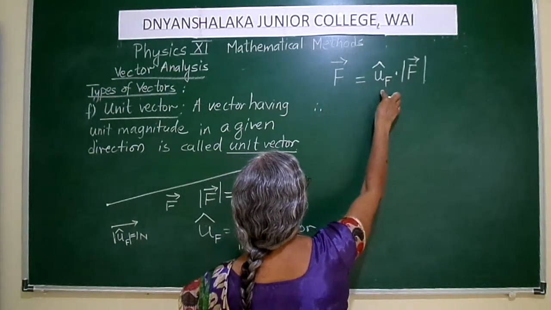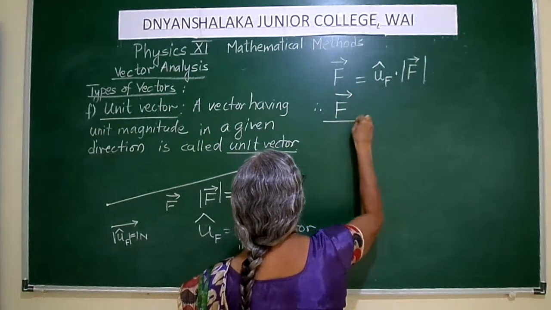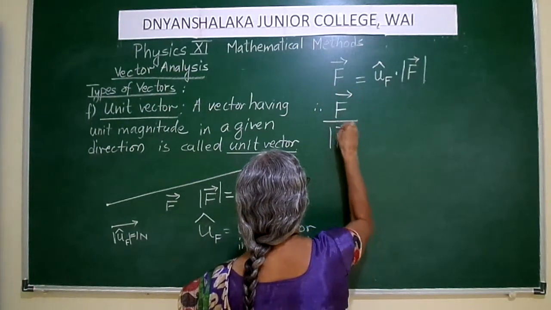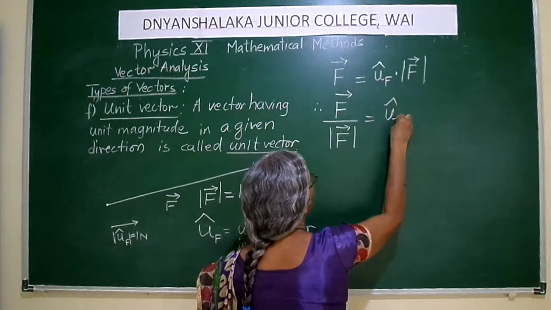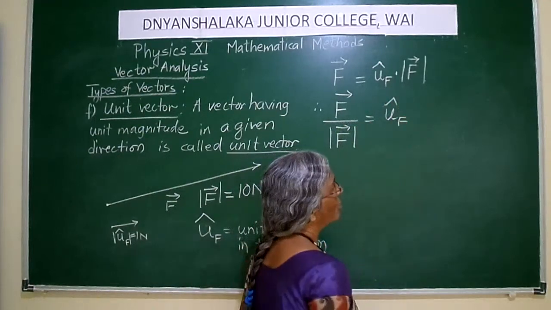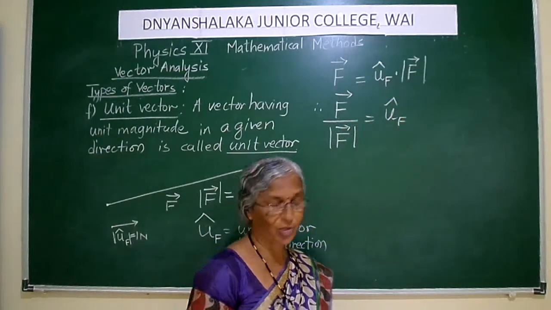Keep this unit vector over here, this will come down. Vector F upon magnitude of vector F will be equal to the unit vector in the direction of vector F. This is one relation.